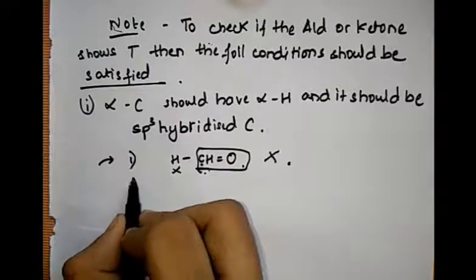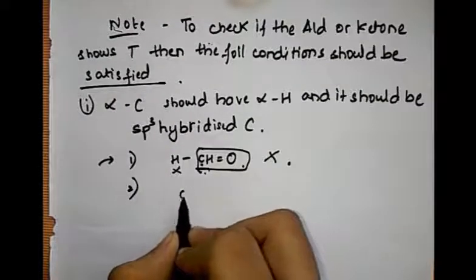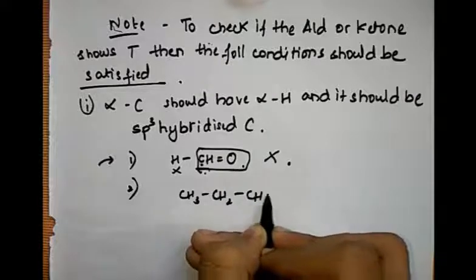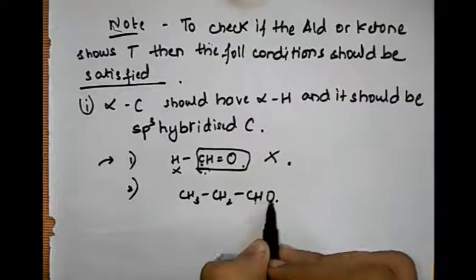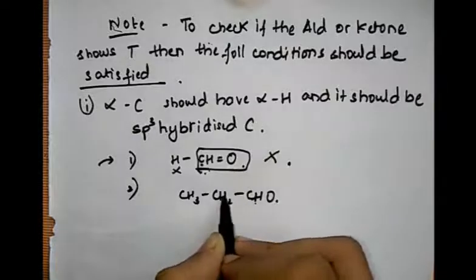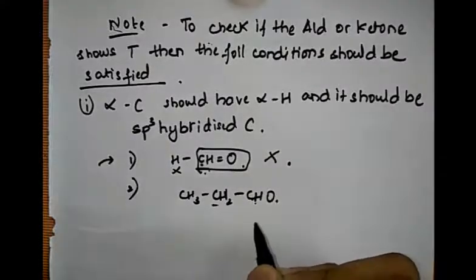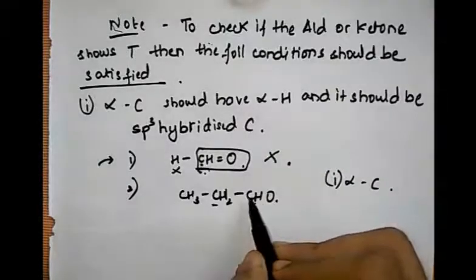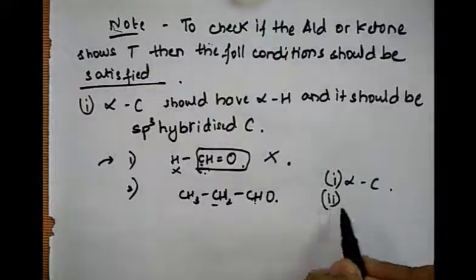Second one, CH3 CH2 CHO. So this is an aldehyde. For this one there is alpha carbon. First point satisfied, there is alpha carbon and it is sp3 hybridized. Why?